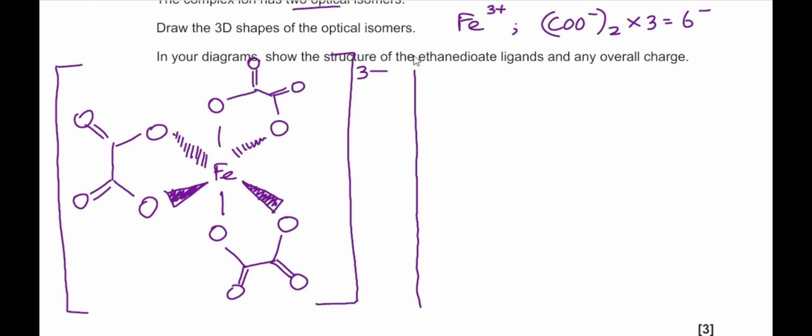Now let us draw the mirror image here, starting with Fe, the axial oxygen atoms, then side oxygen atoms.